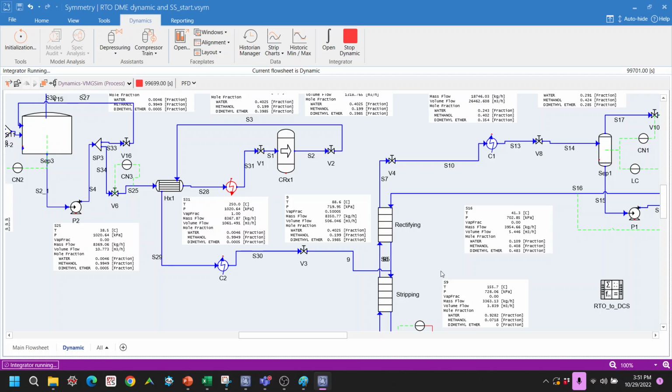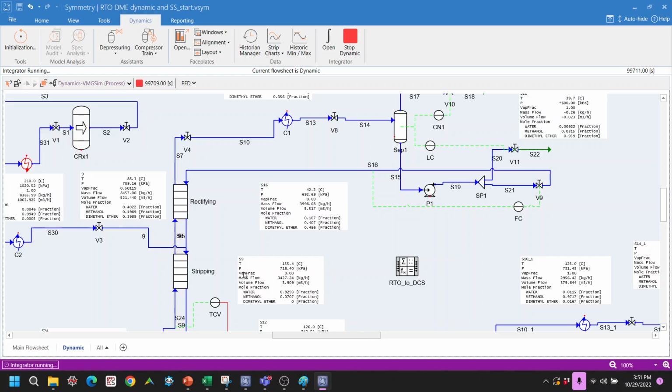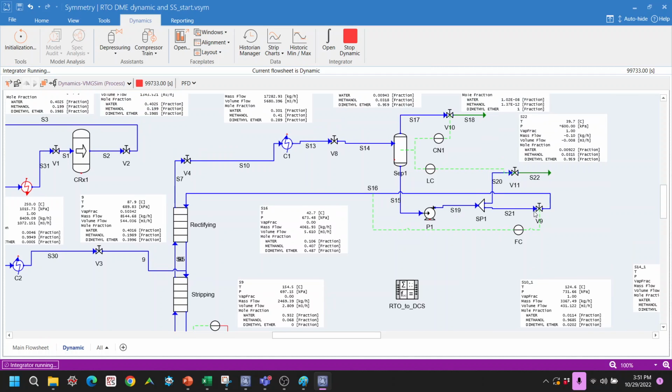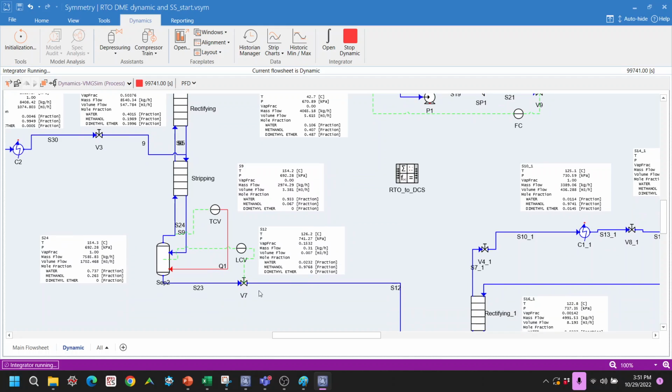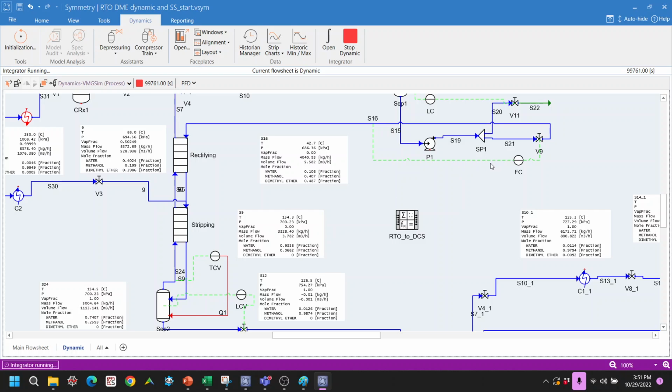So we have input stream compositions, and in this distillation column we have input streams, the data on the flow rate, pressure and composition, and we have the output flow rate and compositions, in this case the distillate and the bottom streams. And then we have independent variables: the reflux, the pressure, and the bottom temperature.